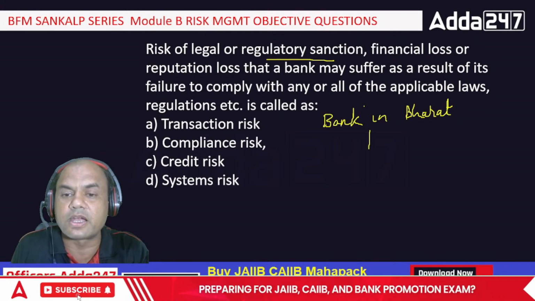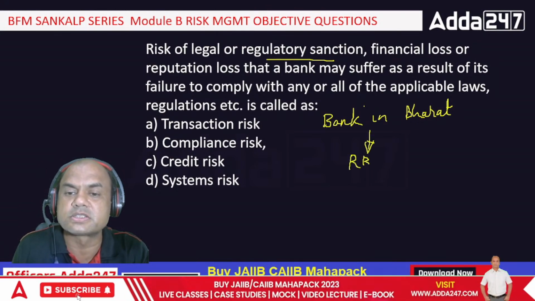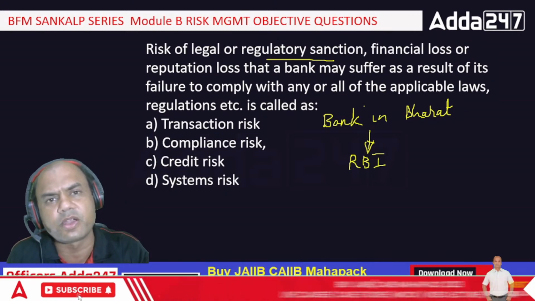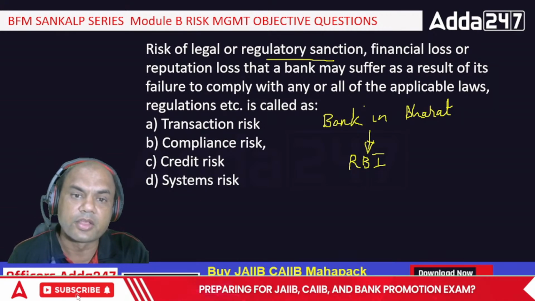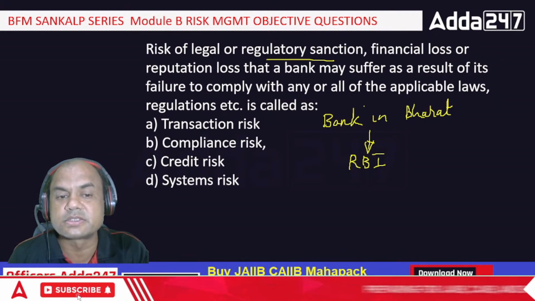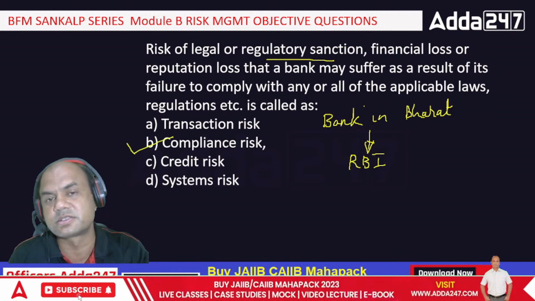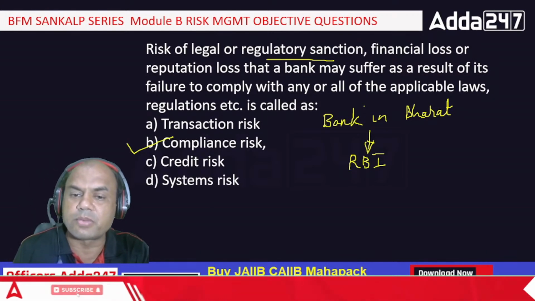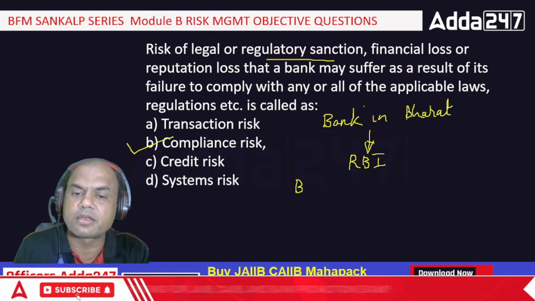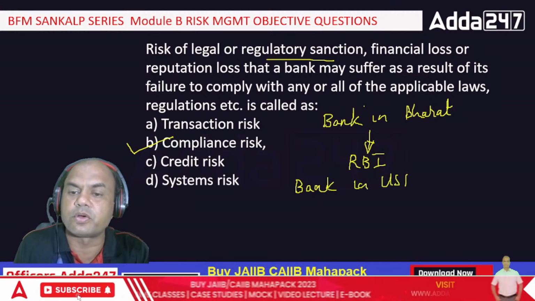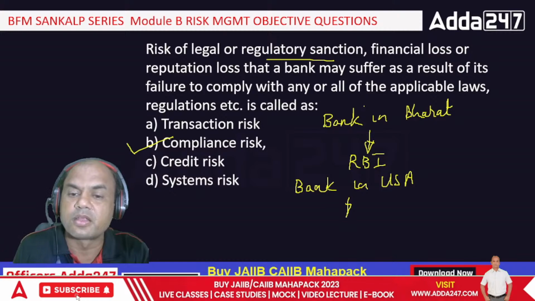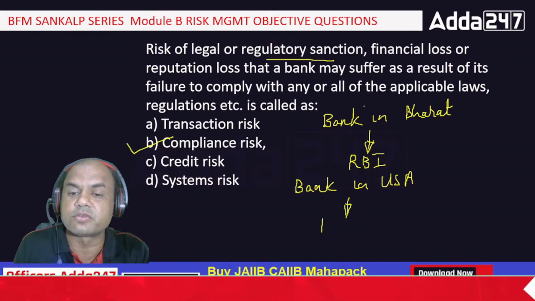You have to follow the guidelines of RBI, right? But if you fail to follow these guidelines, there are many banks who have failed to follow, and they have been penalized for that. So this risk is known as what? This risk is known as compliance risk. Similarly, if you are a bank in USA, you have to follow the guidelines of the Federal Reserve.